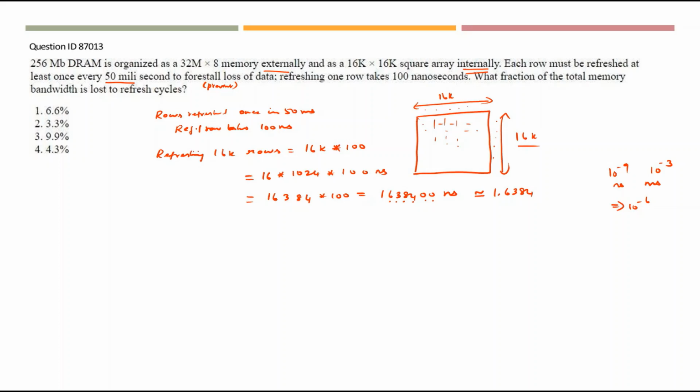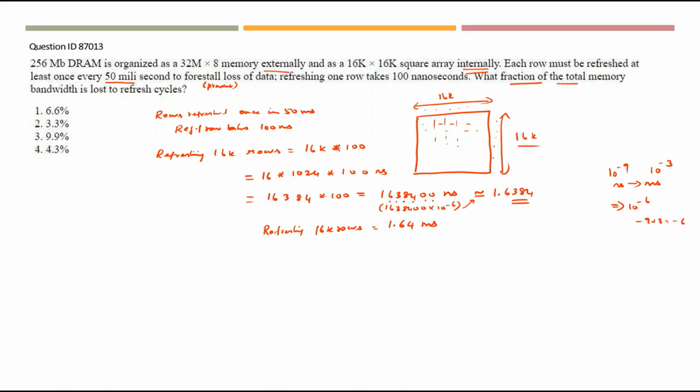That's why I have placed the point in between 1 and 6. Why I am moving 6 positions is because I am converting nano to milliseconds. So minus 9 plus 3 will give me minus 6. That's why it is moving in this direction. Refreshing process of 16K rows will take 1.64 milliseconds, approximating it.